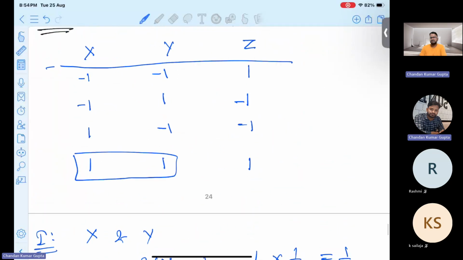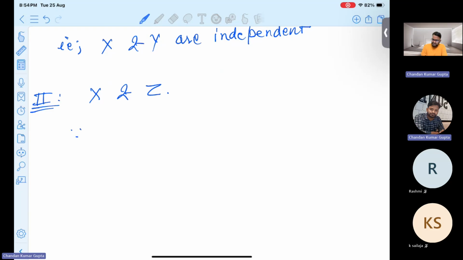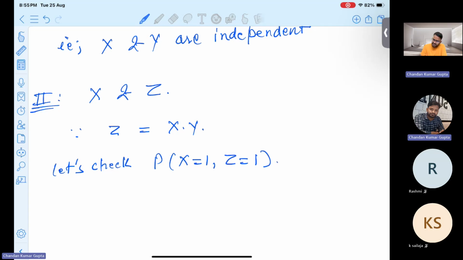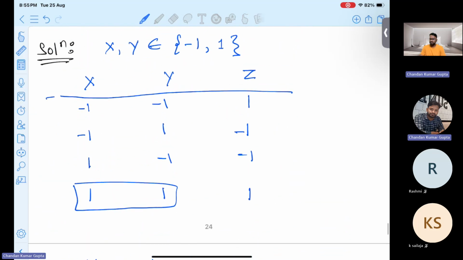You can also see Z has a similar kind of structure, since Z is defined as X into Y. Let's check the probability that X is equal to 1 and Z equal to 1. From the table, X equal to 1 and Z equal to 1, we have only this condition.